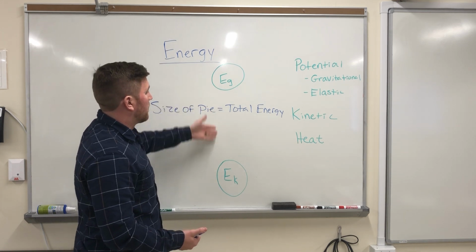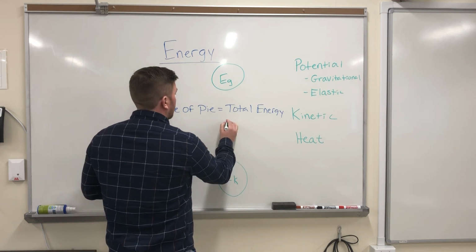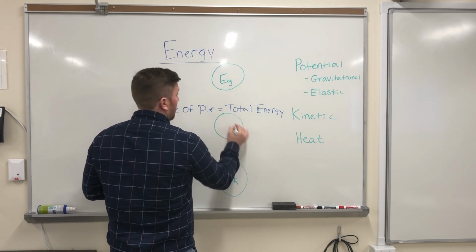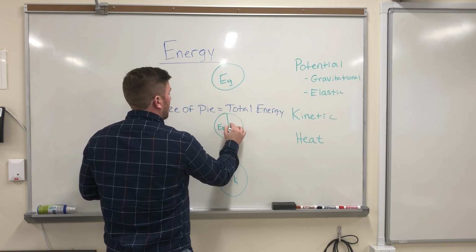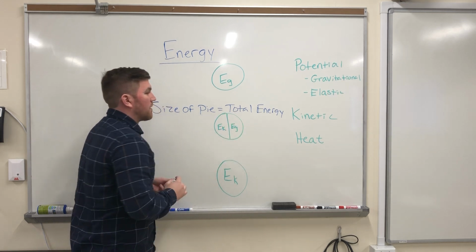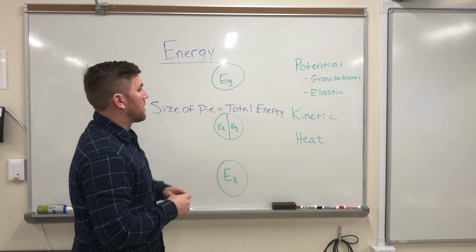As I go through my fall, that pie starts to converge. So at different points, perhaps if we call this the middle, I have an equal amount of kinetic and gravitational energy, but together they're still equal to the total energy in the system.